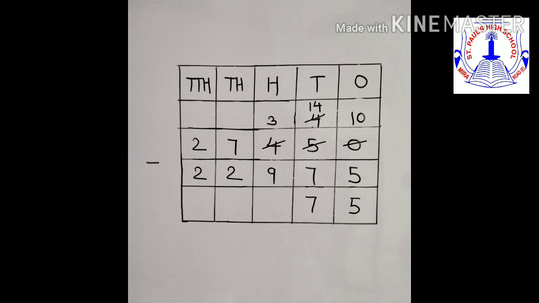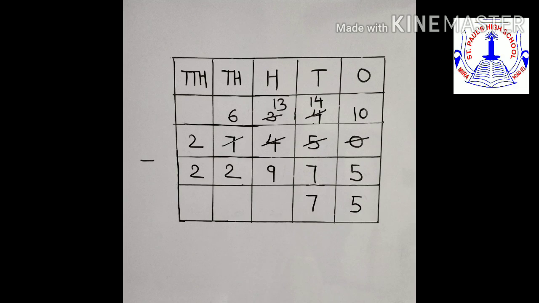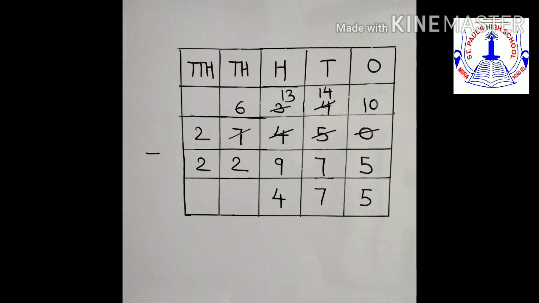In the hundreds place, you can see 3 minus 9. That means we cannot subtract 9 from 3. So we have to borrow from the thousands place. So 7 will reduce to 6 and 3 will become 13 in the hundreds place. So 13 minus 9 is equal to 4.